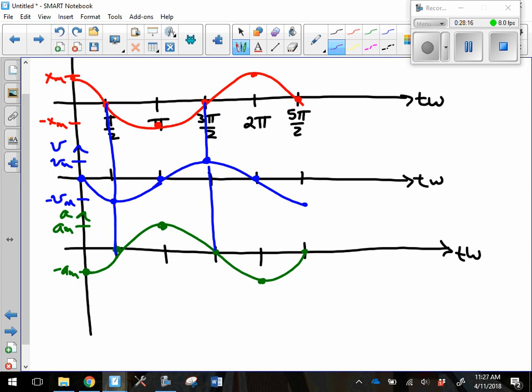How about what happens at the endpoint? When the spring is all the way down here at negative xm, what happens to the velocity? Yeah, why does it have to go to 0? Why does the velocity go to 0 when I throw something up in the air and it gets to the top of its trip? Why does it have to stop? But why? Don't tell me it's because it's what the equations say. What does it have to do?